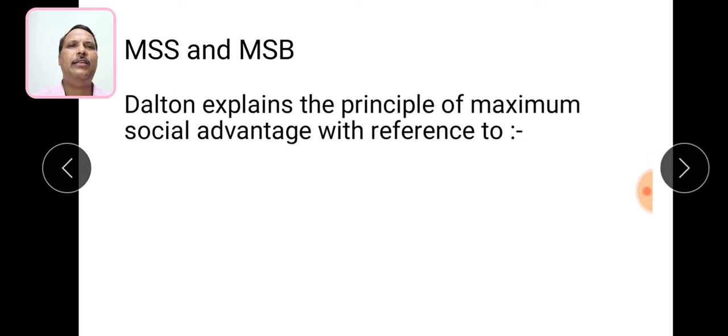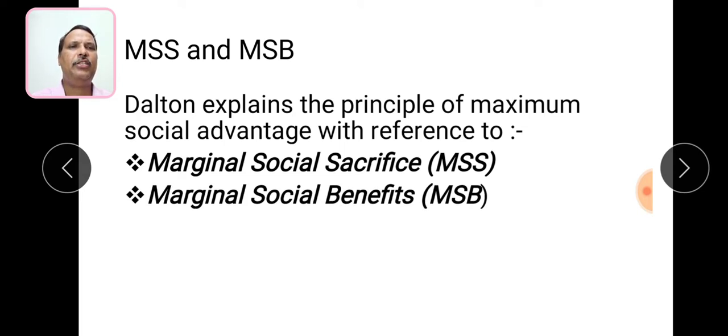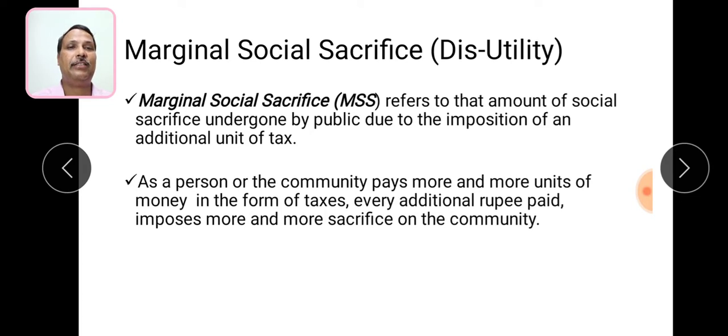Now we will see marginal social sacrifice and marginal social benefit. Dalton explains the principle of maximum social advantage with reference to marginal social sacrifice, MSS, and marginal social benefit, MSB. Marginal social sacrifice, or disutility, refers to that amount of social sacrifice undergone by the public due to the imposition of an additional unit of tax.